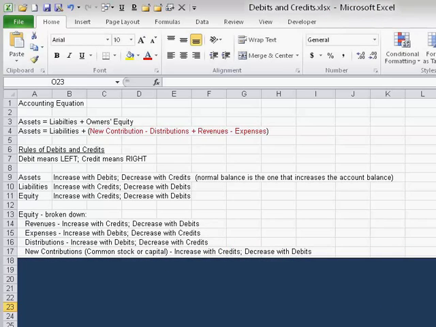And then finally, we have new contributions. This is where owners put more money into the business, or in the case of a corporation, we have initial public offering, or it's the point where a private company receives money from whoever the shareholders are. So what we see here is an increase with credits and a decrease with debits.